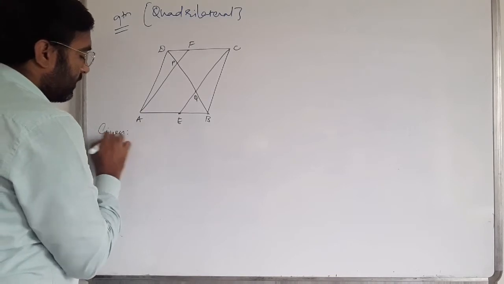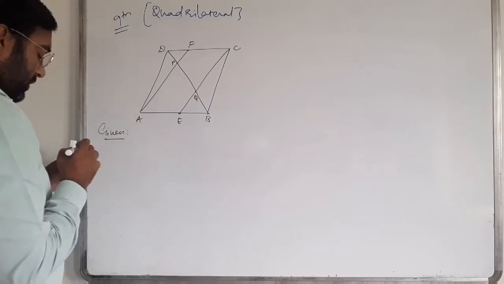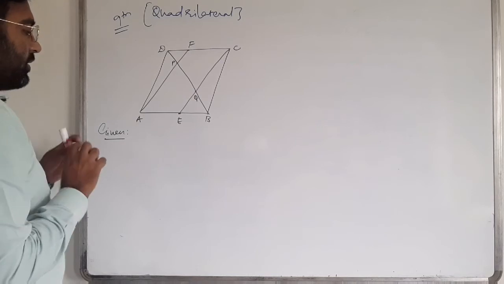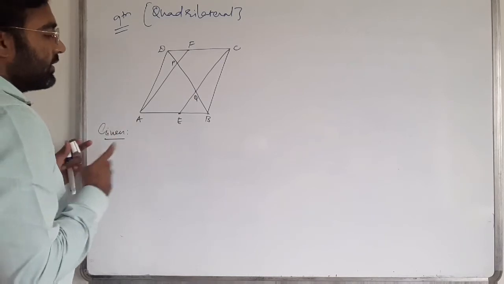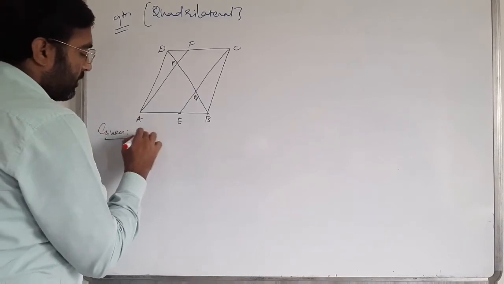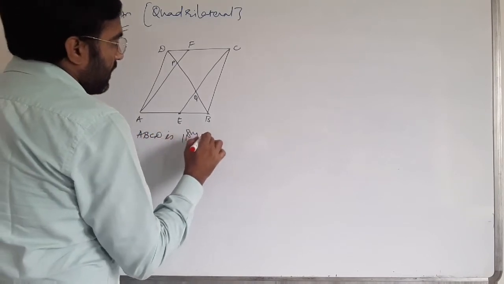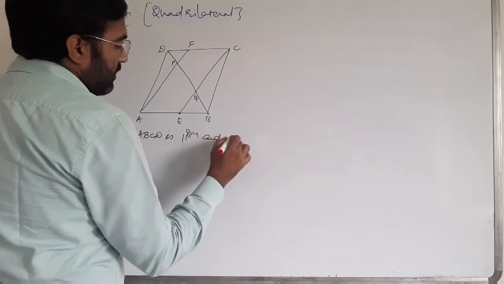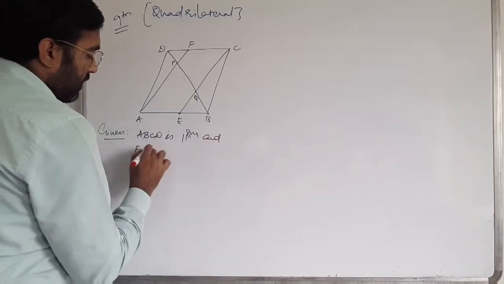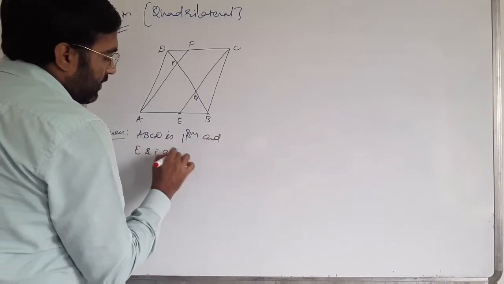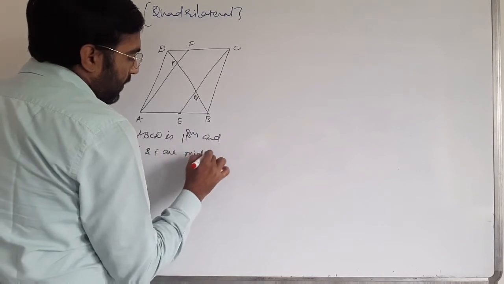Given that, the things which are given are that ABCD is a parallelogram and E and F are midpoints.